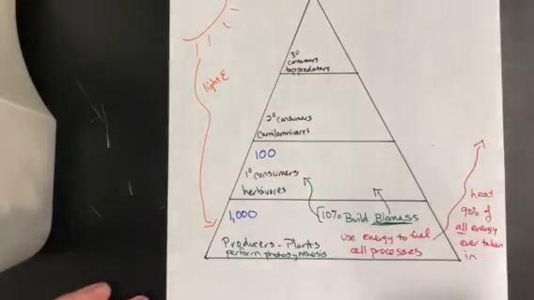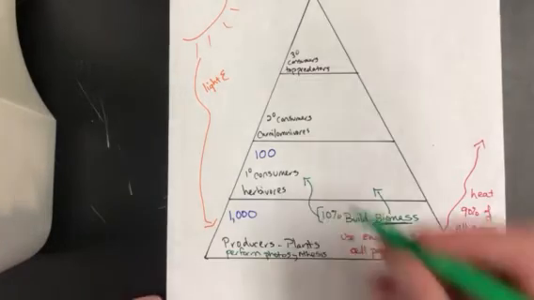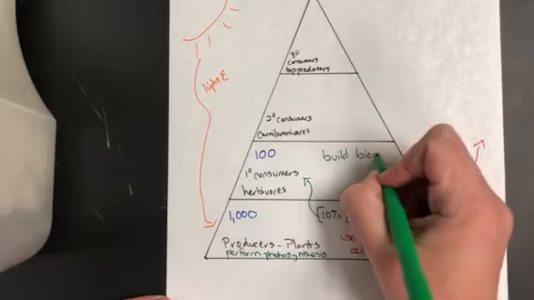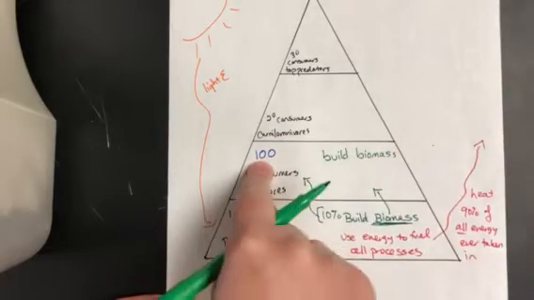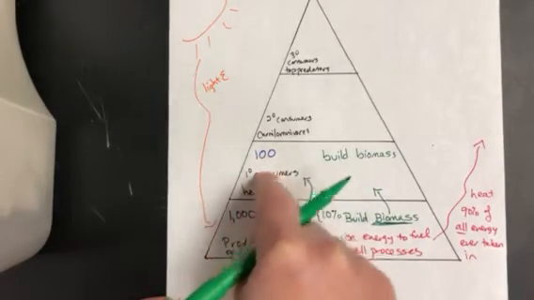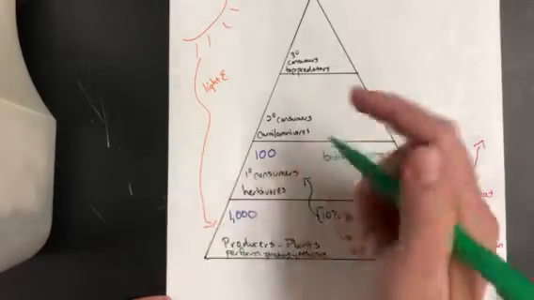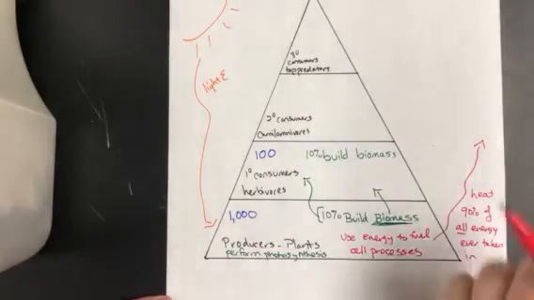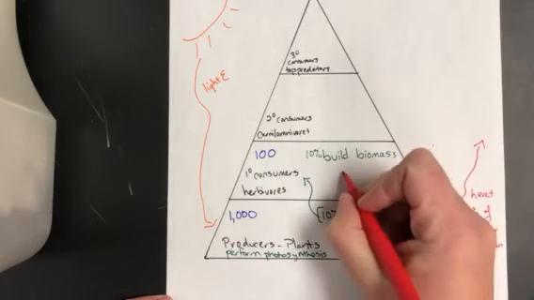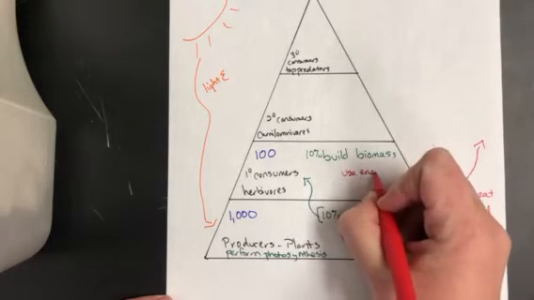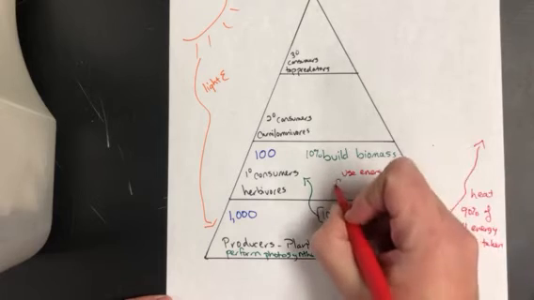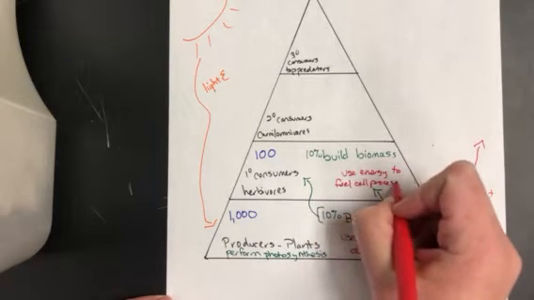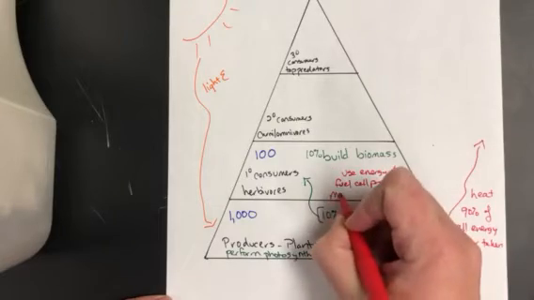So then the primary consumers can do 2 things with all the energy they take in. They can build biomass. And of this 100 units of energy, so like if they got a $100 paycheck, they're only saving $10. They use 10% of the energy to build biomass, and then they use energy to fuel cell processes and motion, movement.